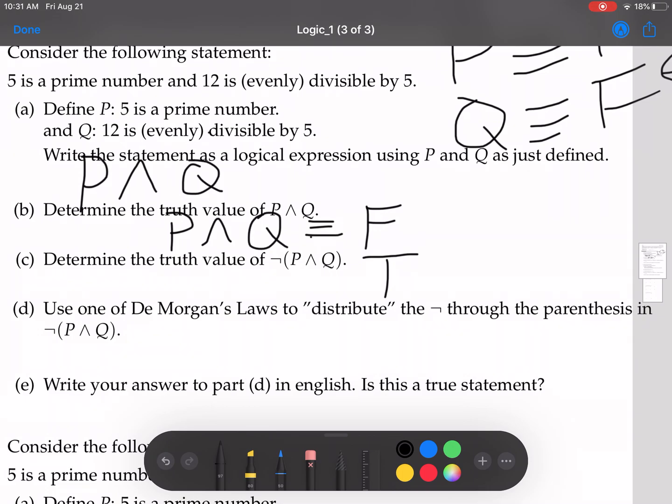There's no distributive law going on here, but you can think of De Morgan's laws like distribution.